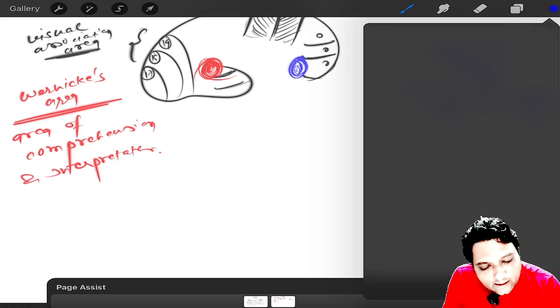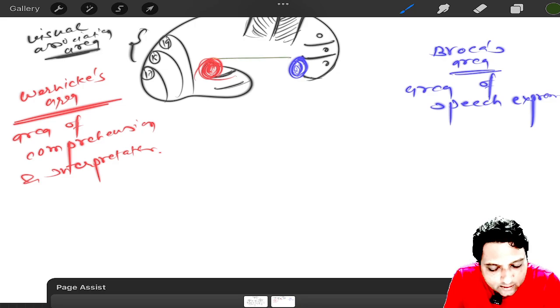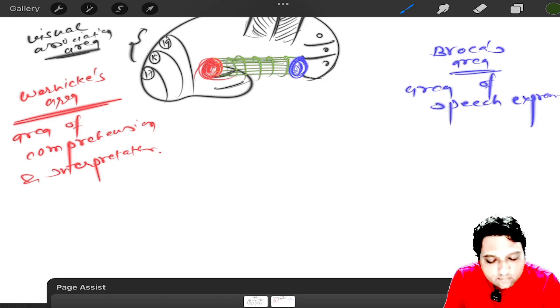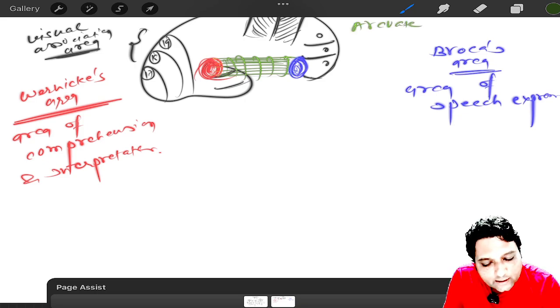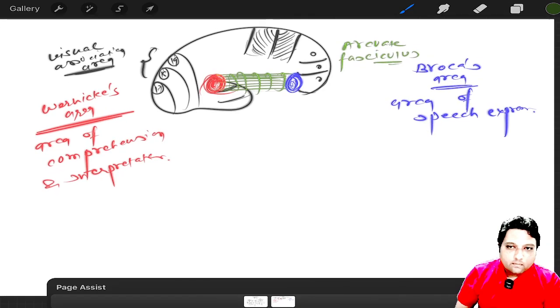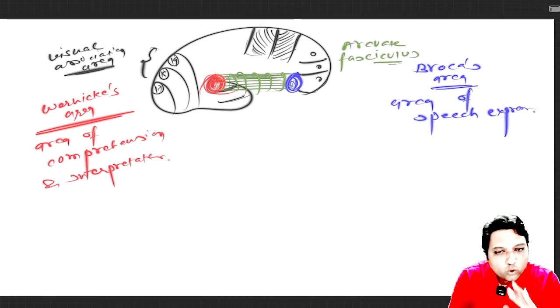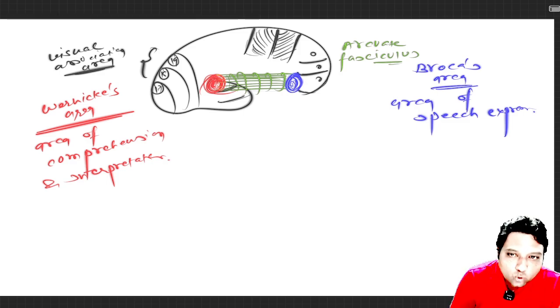Now both these areas, Wernicke's area and Broca's area, are connected through a bundle of neuron fibers that is called the arcuate fasciculus. Okay, now two areas, Wernicke's area and Broca's area.